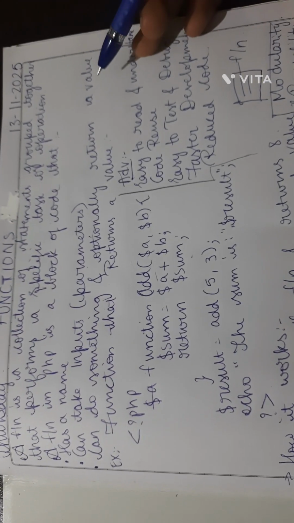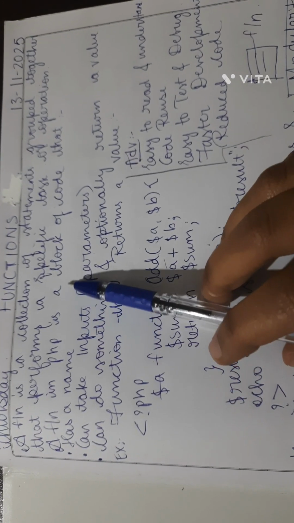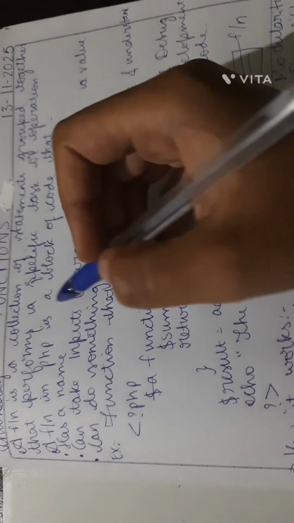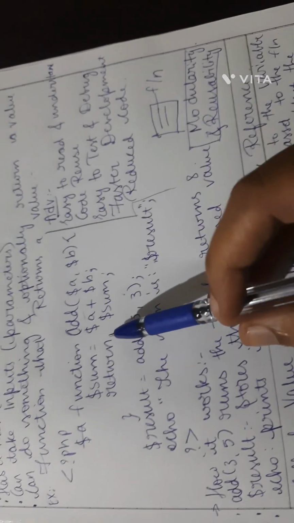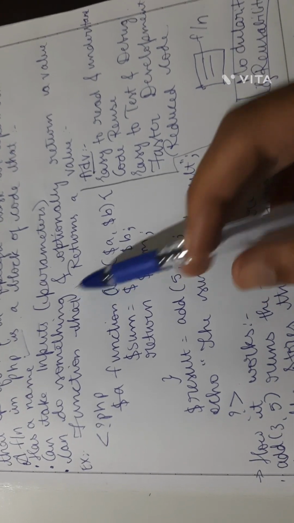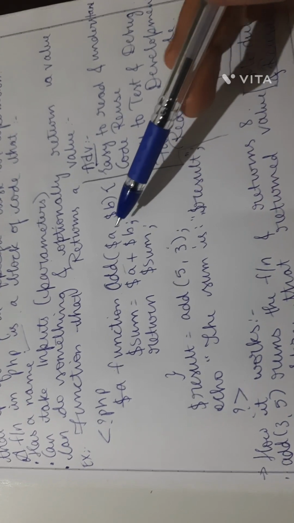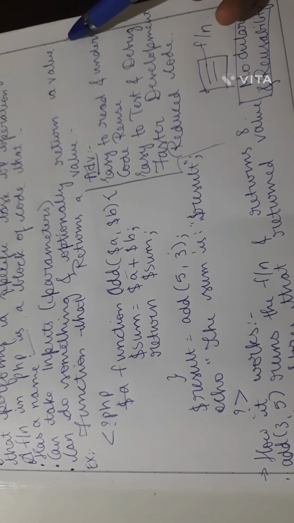And then in PHP, a function is a block of code that has a name. For example, we have taken an example here, like it has a name and it can do something, which means it can perform a specific task and optionally return a value as well.